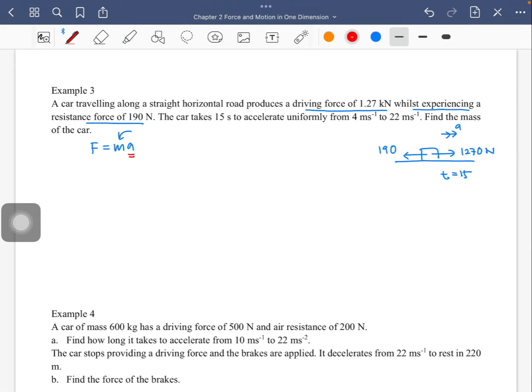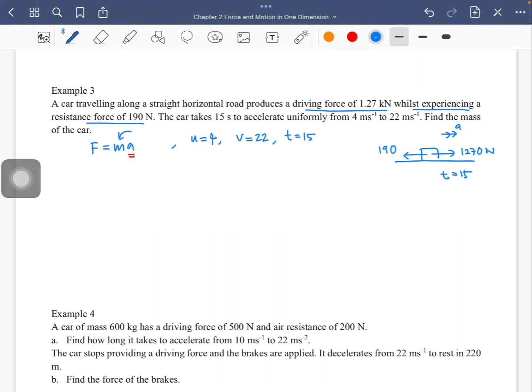To find the acceleration, we need to apply the SUVAT equation. So let's list out what we have here. To apply the SUVAT equation, yes, we have the initial velocity, which is 4, and the final velocity, which is 22, and we are also given the time. It takes 15 seconds from 4 to 22 meter per second. So the time taken here is 15.